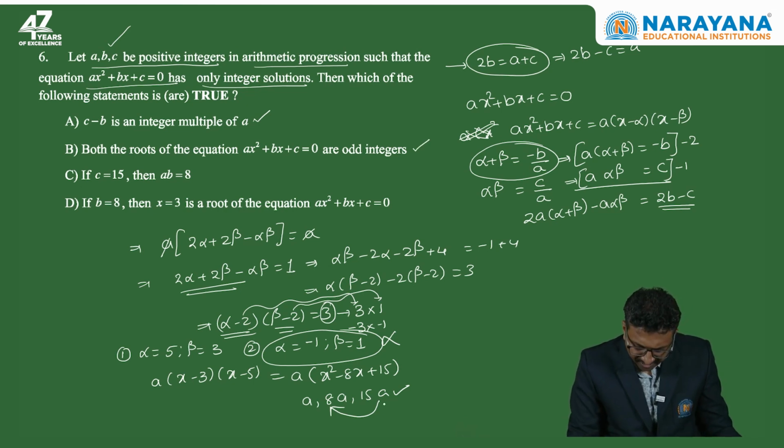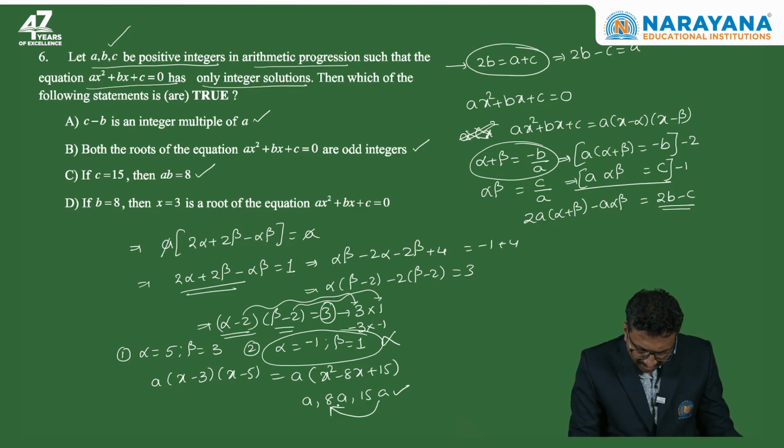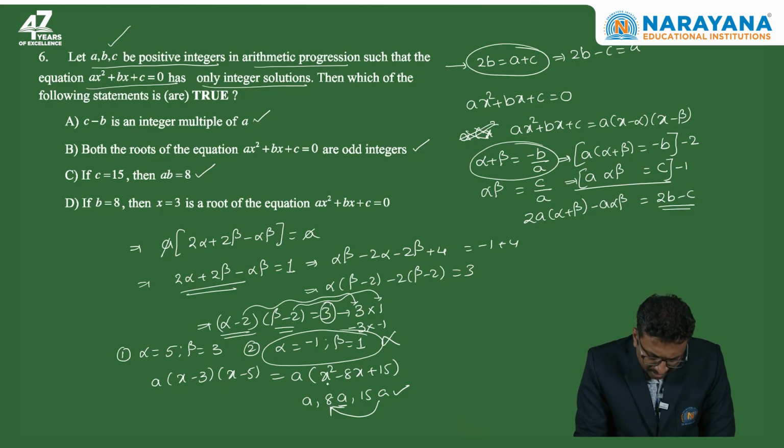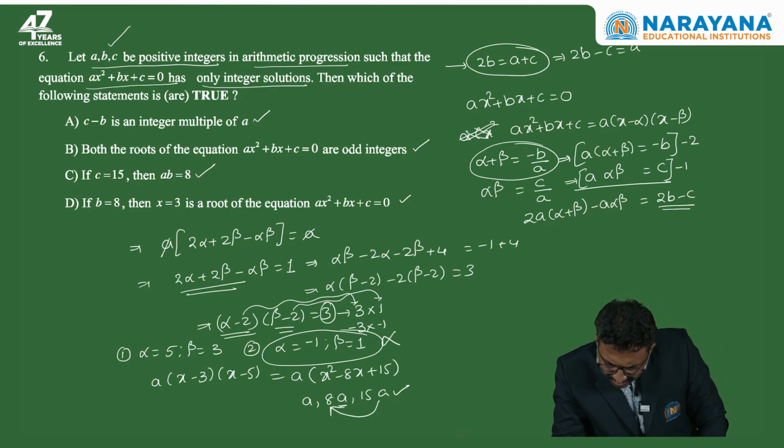If c is equal to 15, that means a is equal to 1, and b is equal to 8, that is also correct. And if b is equal to 8, that means 8a is equal to 8, so a is equal to 1. x equal to 3 is a root of ax square plus bx plus c. So what are the roots anyway here? Alpha is equal to 5 and beta is equal to 3. Did I get it wrong somewhere? Let me just check.